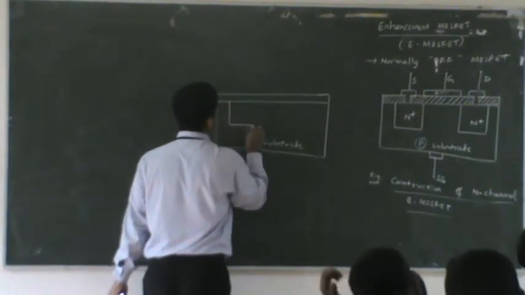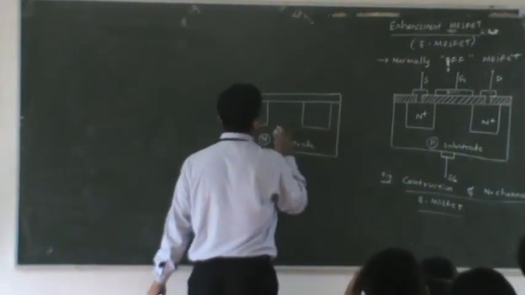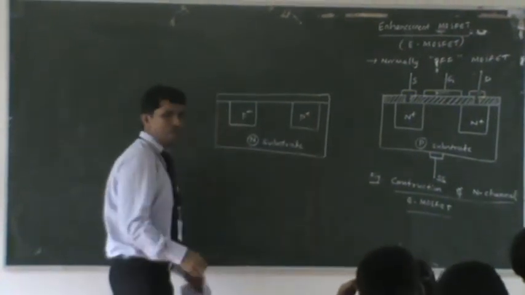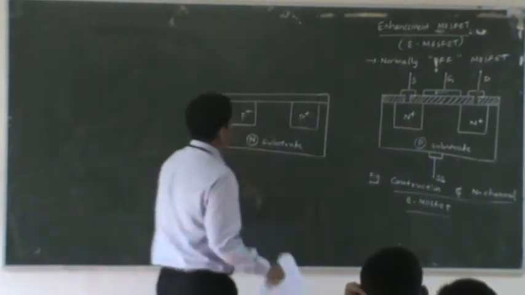And we will find two P plus regions. You will not find a channel here. You can see there is no channel, unlike what you saw in the depletion MOSFET.